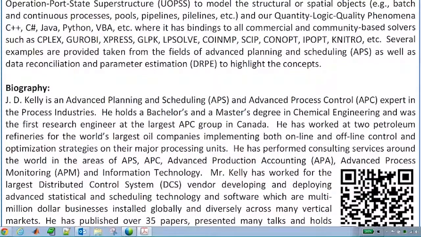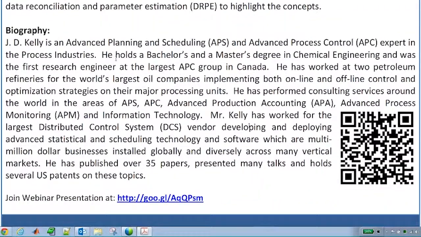Jeff, I'll give a little bit of background on him. He has worked in advanced planning and scheduling, and advanced process control in the process industries for many years. He has a bachelor's and master's in chemical engineering, and was a research engineer in the APC group in Canada. Which research group was that? McMaster. Okay, great.